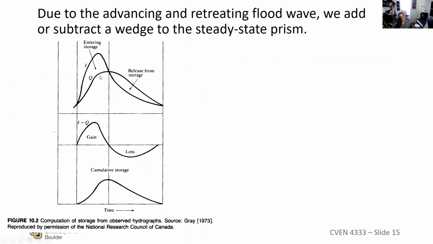And then at some point, the opposite is happening and there's more outflow than inflow, and there's a release from storage. There's a loss of storage basically, and the storage is going down. The most simple way to think about this is a triangular relationship where you've got increases coming in and then a decrease going out.